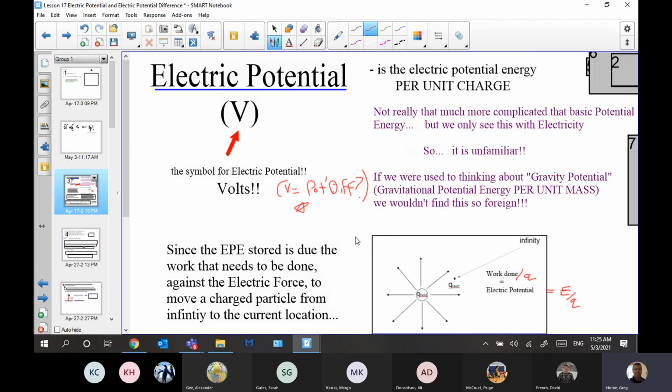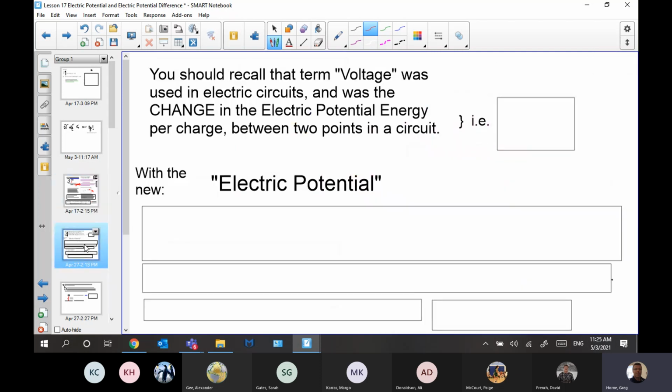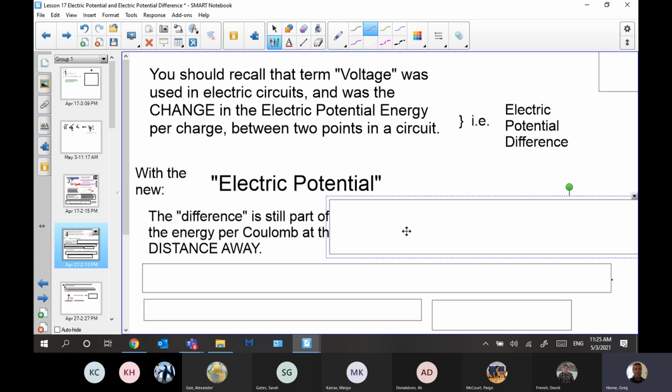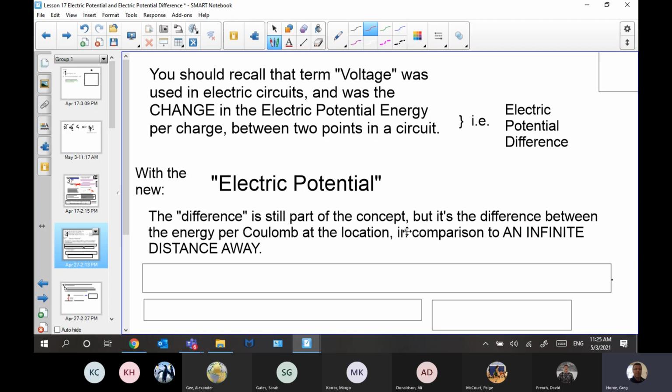We're just saying it's energy per charge. And so it's the energy per charge that it takes to move it from infinity to that spot, right? So this is that apparent contradiction part. Voltage in terms of electric circuits and so on was the change in the electric potential energy, or in other words, potential difference. With the new term that we're talking about, electric potential, it is actually still a difference.